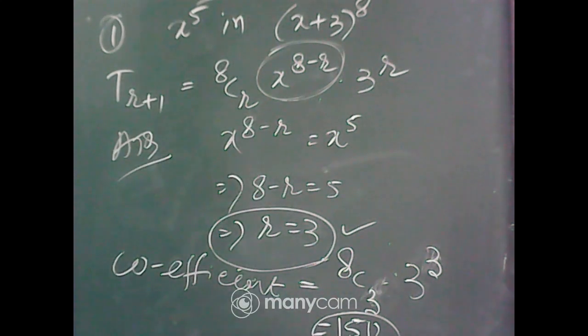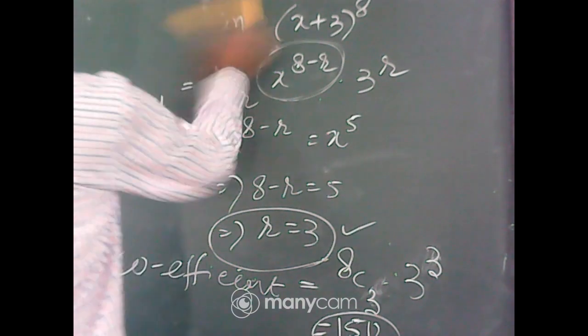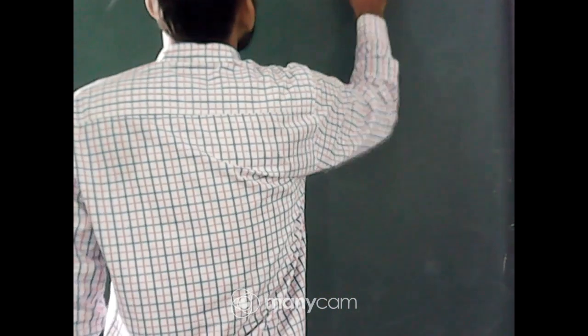Question number 2. You are asked to find the coefficient of a to the power 5 b to the power 7 in the expansion of (a minus 2b) to the power 12.